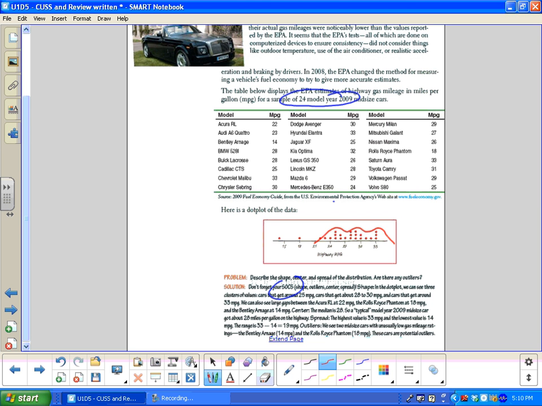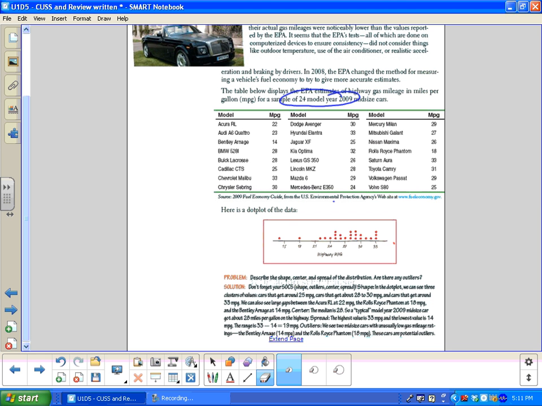Another thing you could do, you could call it skewed left because you have these outliers, or you could say approximately symmetric with two outliers. Either one I think would be okay. Sometimes this graph is a little difficult to distinguish shape on. I think if I were going to give you a test question, I would make sure that the graph was a little bit more distinguishable than this one.